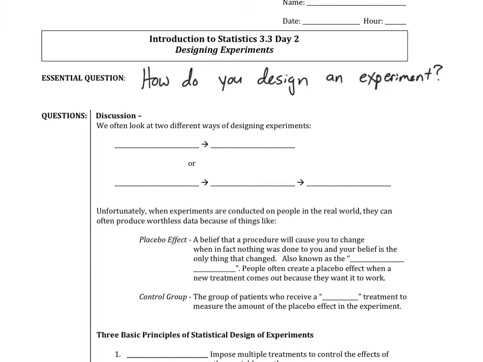We look at treatment and then observation. So here's a clear example. Right now, COVID is going on, right? And there's a bunch of pharmacies and places trying to come up with a vaccine.